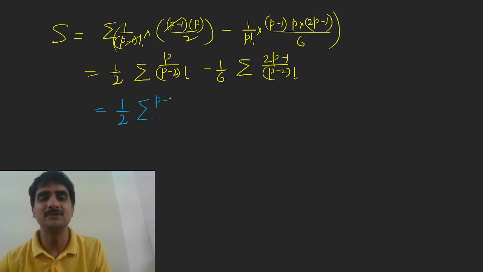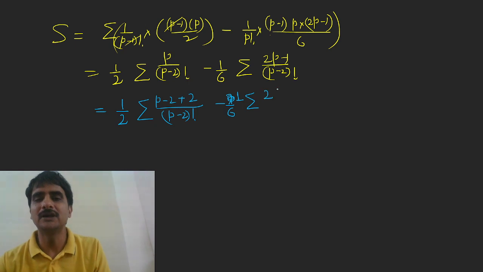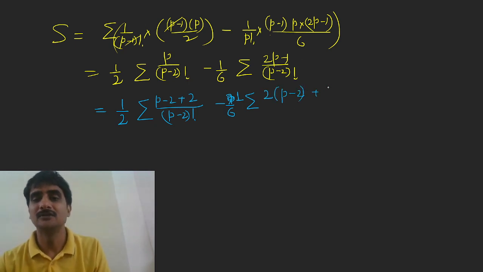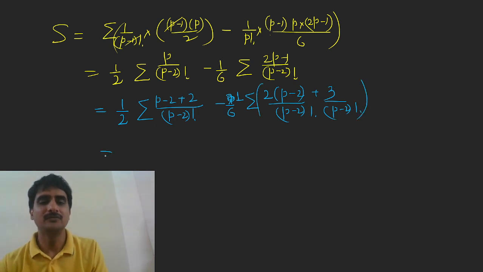So you write here p minus 2 plus 2 upon p minus 2 factorial minus 1 by 6, and you take 2 common here, or rather it's okay. So 2 times p minus 2, so it's 2p minus 4 plus 3 over p minus 2 factorial. Agreed? So what do we get?